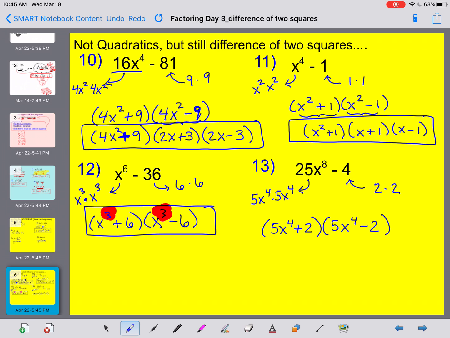Then I ask myself, can I go further with this? Because it's set up as a binomial, that's subtraction. X to the fourth is a perfect square, but 5 is not a perfect square. So I cannot go any further with that, and this is my final answer.